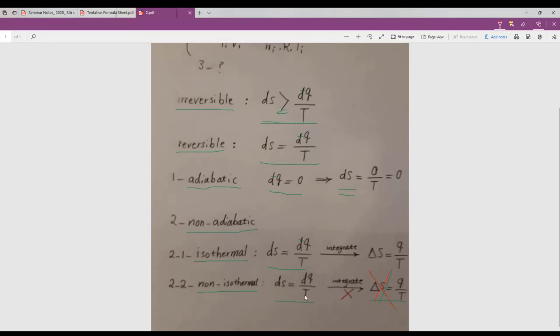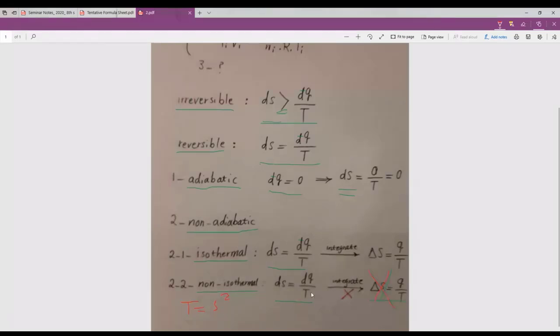You can integrate this equation only if, for example, the equation for the temperature in terms of the entropy of the system is given. For example, T is equal to S squared.